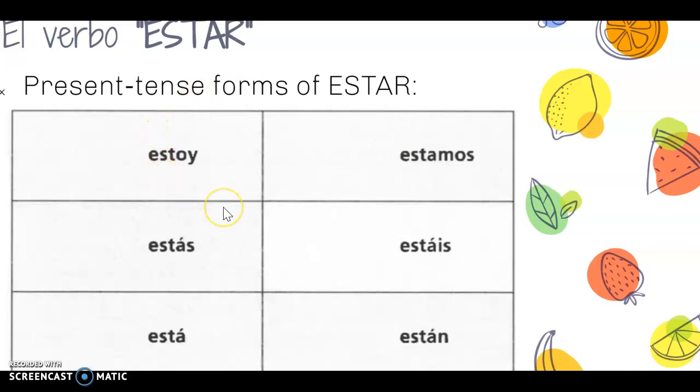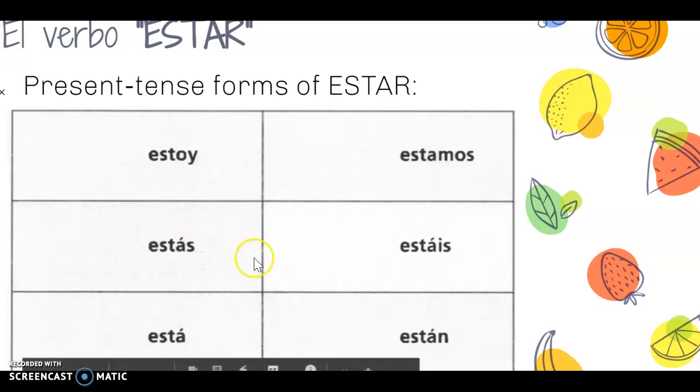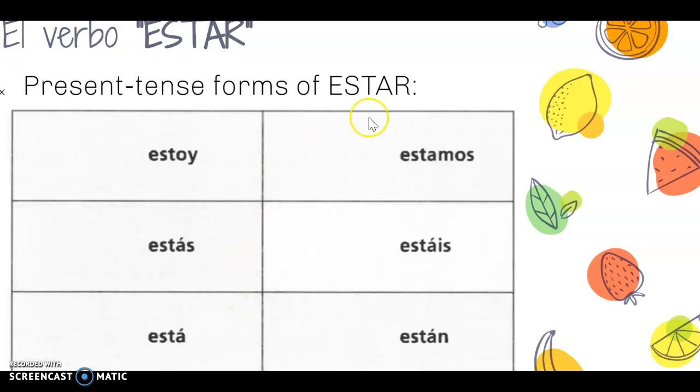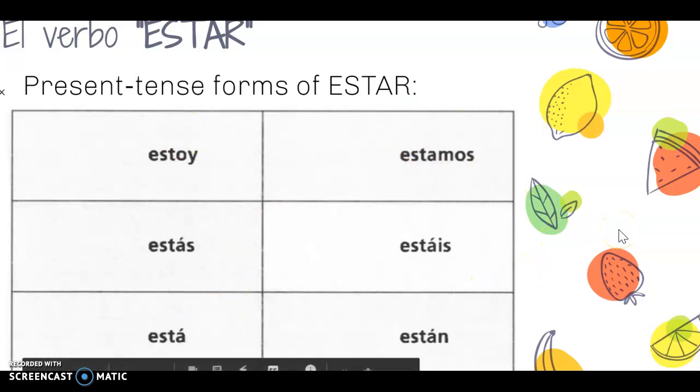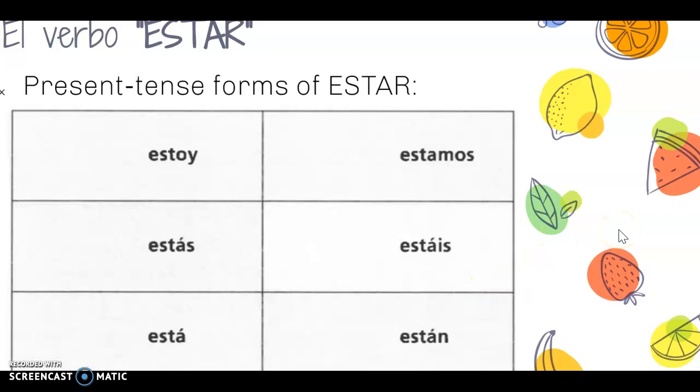What's interesting about this verb is that estoy is irregular, first of all, and then we have accents on these three forms, estás, está, and están. Those accents are really important, and I'll tell you why in a second. Estamos does not have an accent. So really make sure you have those accents correct, okay?